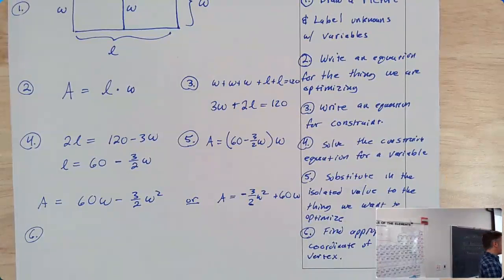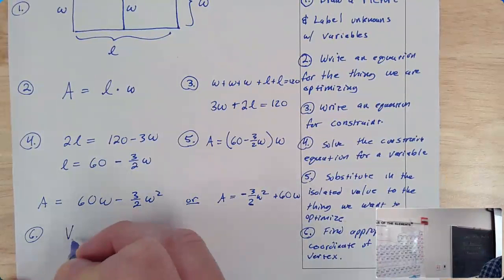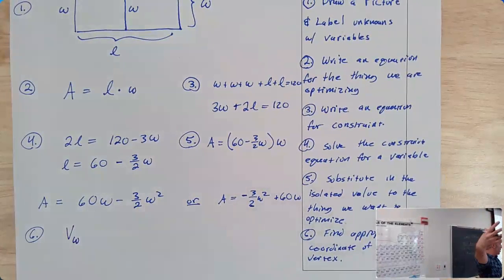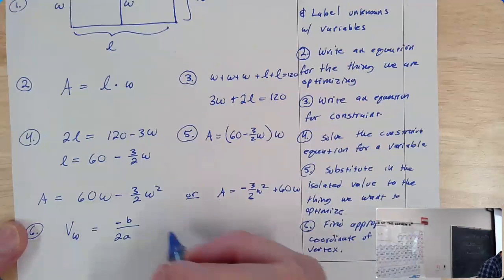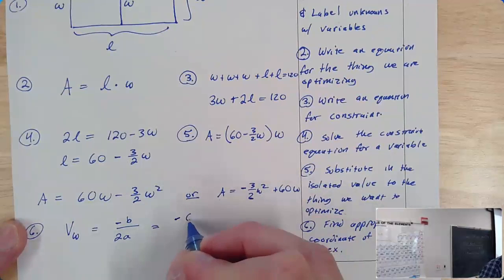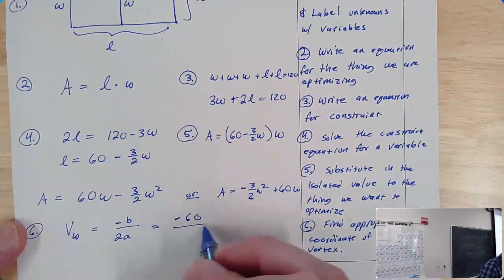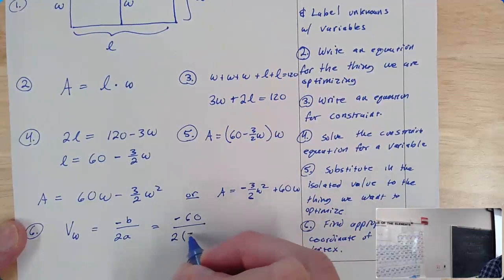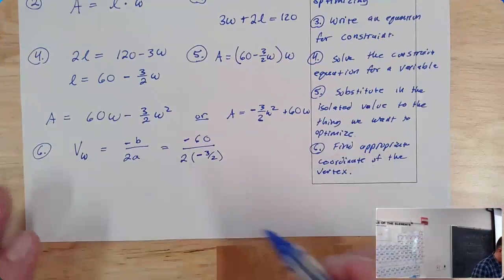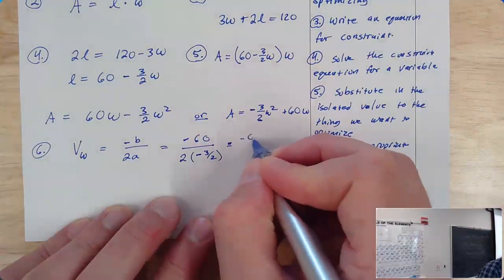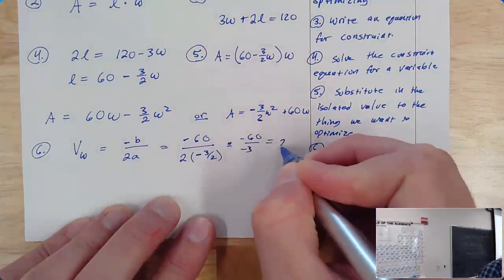I'm not going to say X here because I don't actually have X. I have W. I'm going to say the W coordinate, or the input coordinate, my V sub W. That's the first coordinate of the vertex, and it's going to be negative B over 2A, which in this case is negative 60, that's my B value, over 2 times negative 3 halves, which is my A value. 2 times negative 3 halves is negative 3, and negative 60 over negative 3 is positive 20.